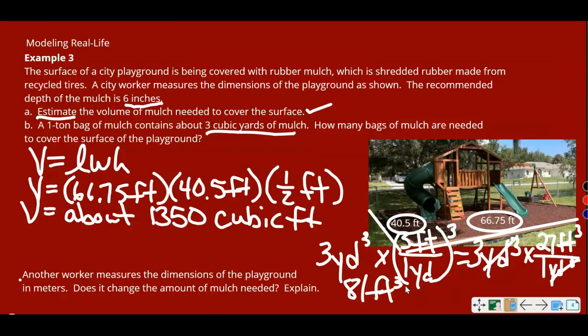How many bags of mulch are needed to cover the surface of the playground? We figured out that 1 bag of mulch in feet covers 81 feet cubed. Now we need to know how many bags are needed, and we know the volume needed is 1350. So we're going to do 1350 divided by 81.